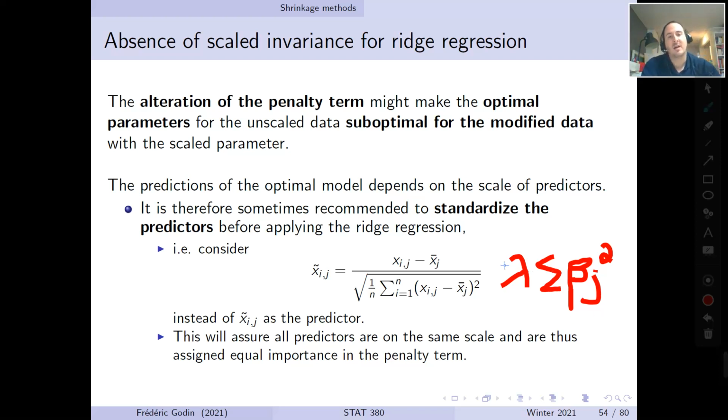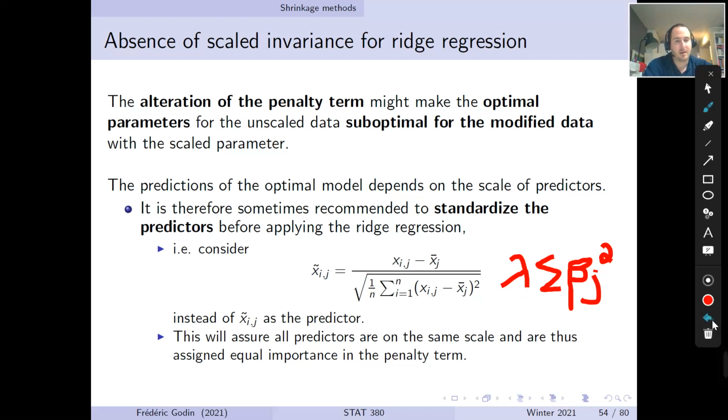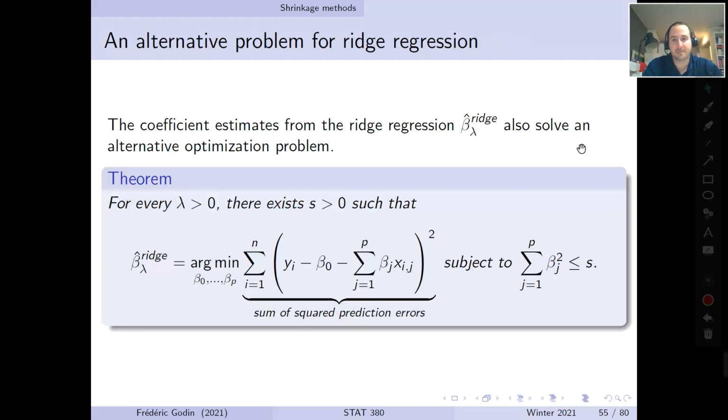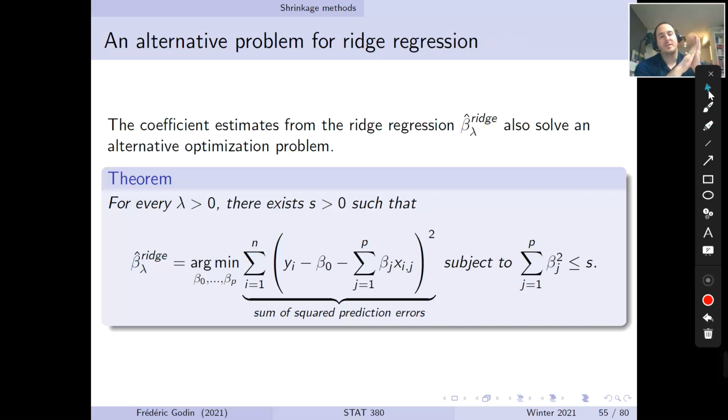So for that reason, it's often recommended to scale your predictors when you apply a ridge regression. And of course, this is not needed if you apply ordinary least squares, because the predictions are scale invariant. Okay, so this was a first representation of the ridge regression, a first way to perceive ridge regression.